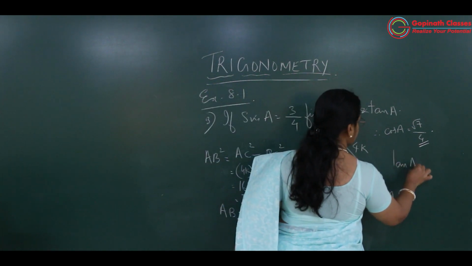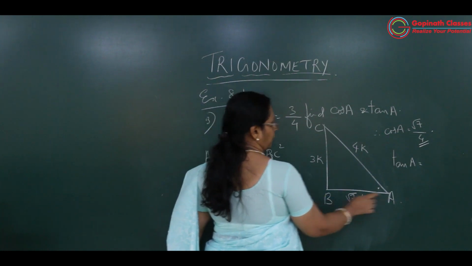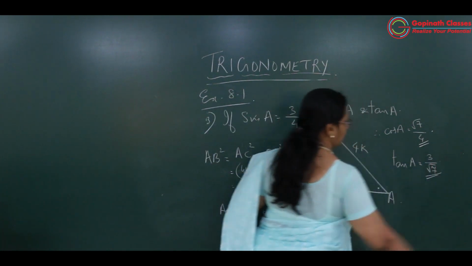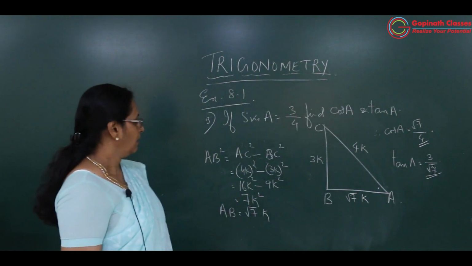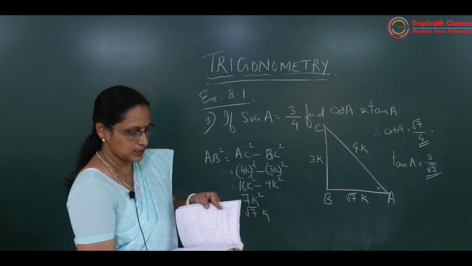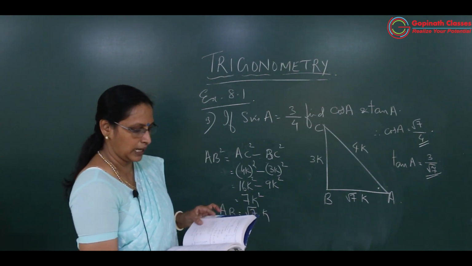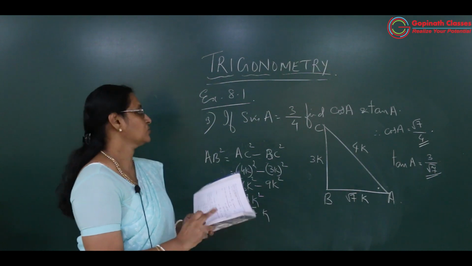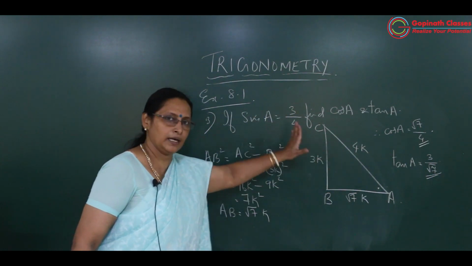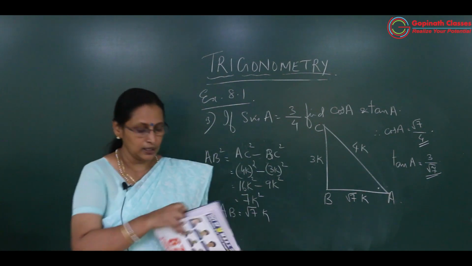Tan A is opposite side upon adjacent side, 3k upon root 7k, which is nothing but 3 upon root 7. So, hope you understood this third question. If sin A is 3 by 4, to calculate cos A and tan A, you cannot write just 3 and 4, make it 3k, 4k and then you will get the third side.